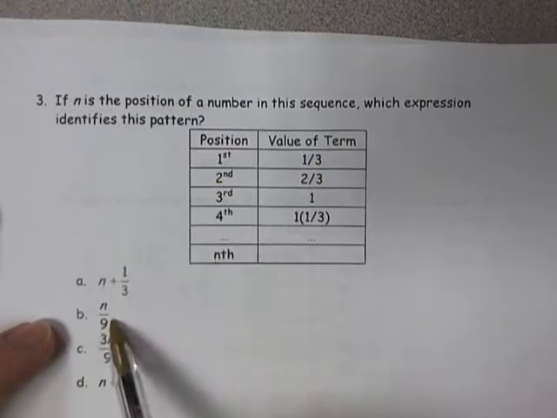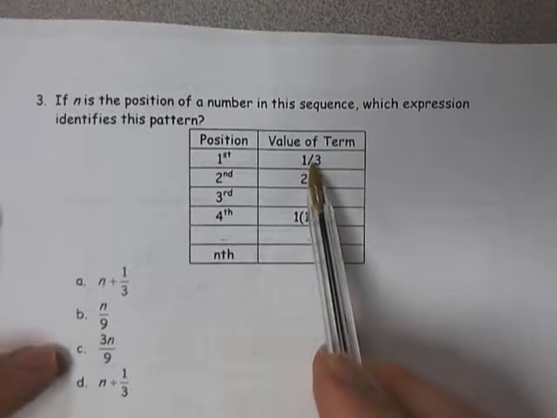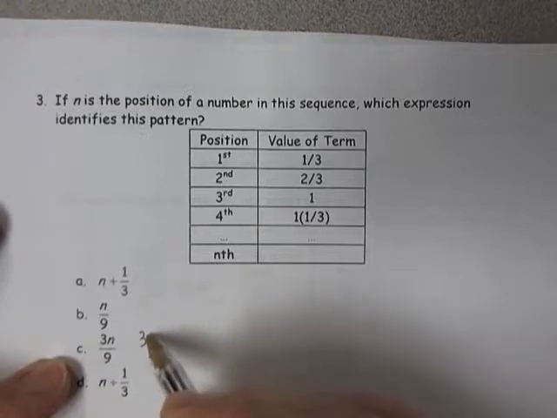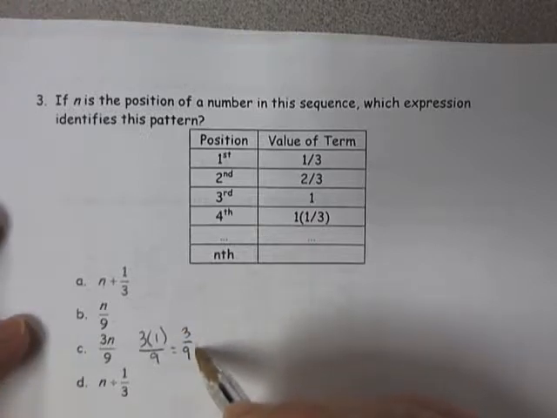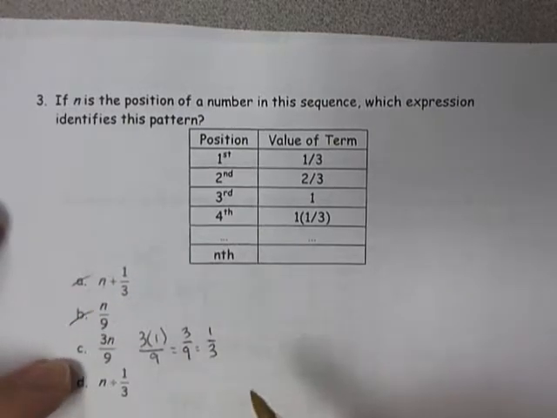If I plug position 1 in for answer choice B, I get 1/9. That's not the term I'm looking for in position 1. If I plug position 1 in for C, I get 3 times 1 divided by 9, which is 3/9, which can be simplified to 1/3. Okay, well, so far C checks out okay.